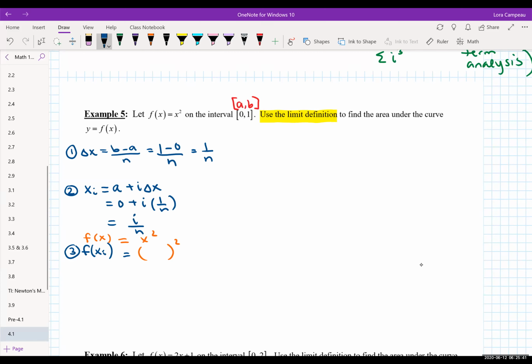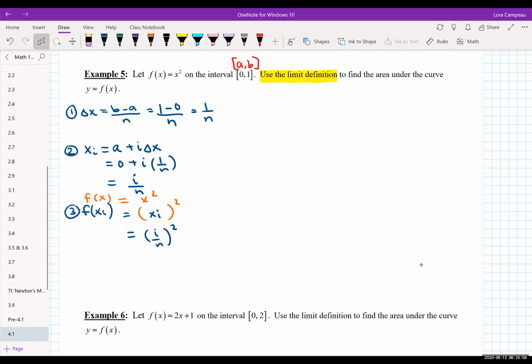I'll give you another step just in case: I have x of i squared. x of i is i over n. And if you want to calculate i over n squared, what is that? It's i squared over n squared. So you're just using some things to clean things up before you even use limit notation.